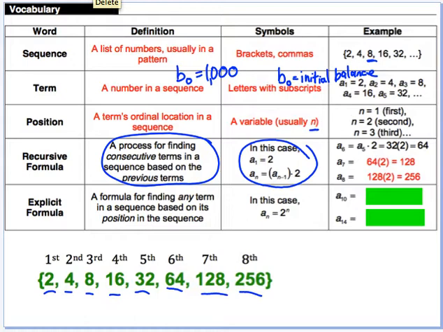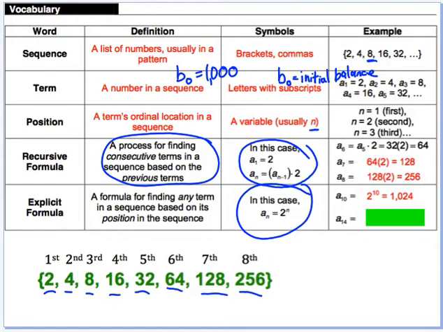Now, with explicit formulas, you've got this case. You have your a sub n. Let's say I'm looking for the 8th term. I would have 2 raised to the 8th power, and then in the calculator, I just calculate that out. This time I'm looking for a sub 10, so the 10th term in this pattern.